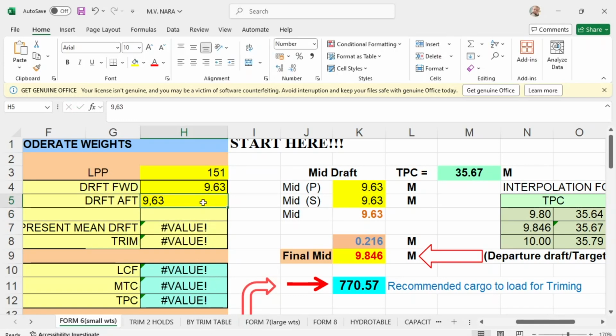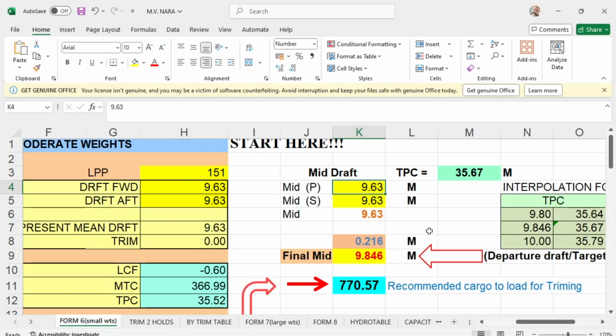So you have no trim, even keel, and your LCF is negative 0.60, MTC is 366, and your TPC is 35.52.